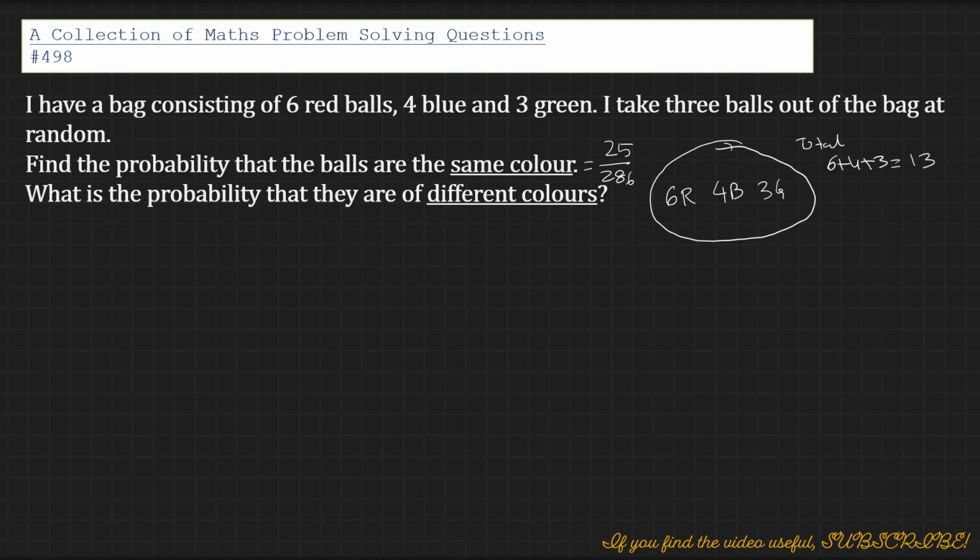So different colors for that. Now how many ways can they be different colors?